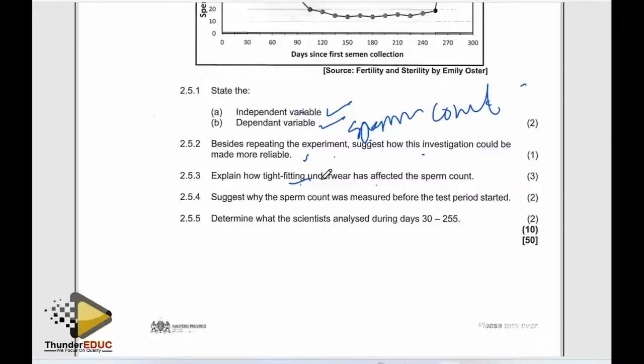And then this leads to low production of sperm, because high temperature denatures the sperms. Or it might not be denaturation of the sperm, but denaturation of the enzymes which are involved in the production of the sperms. So basically, high temperature lowers the sperm production. Then you're going to have a low sperm count.